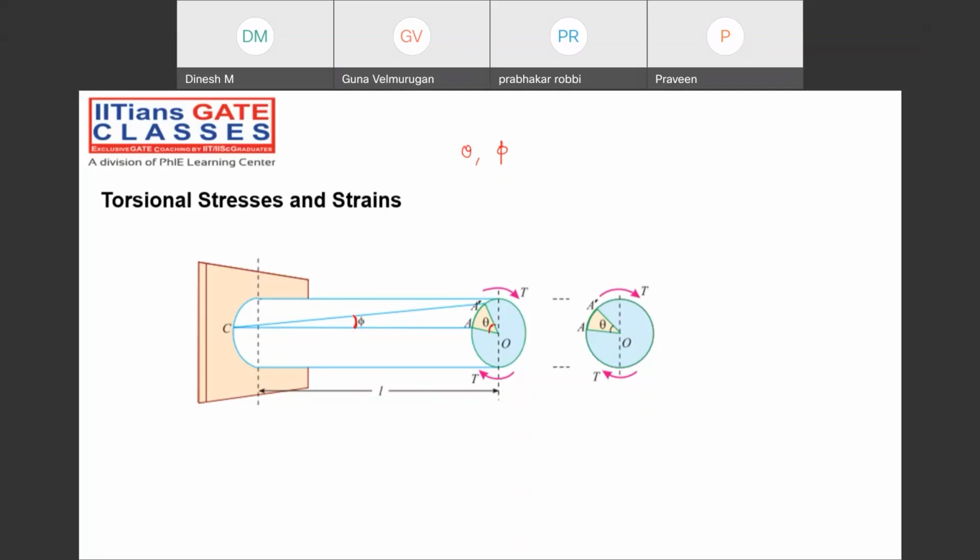So first of all, note the terms and terminologies. Theta is nothing but the angle of twist of the cross section.